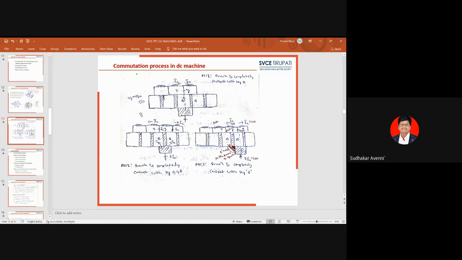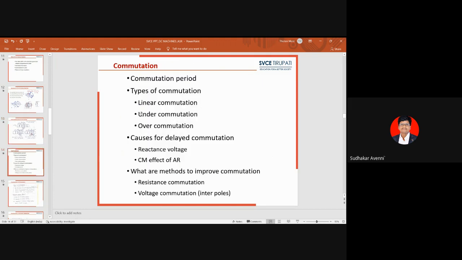When current reversal takes place within the allotted time, that is linear commutation. If the current reversal takes more time, that is under commutation. If it takes less time, that is over commutation. So here we are going to take three types: linear commutation, under commutation, and over commutation.